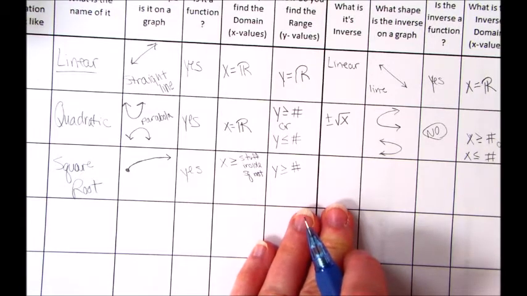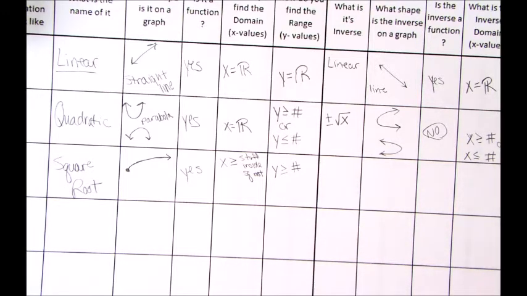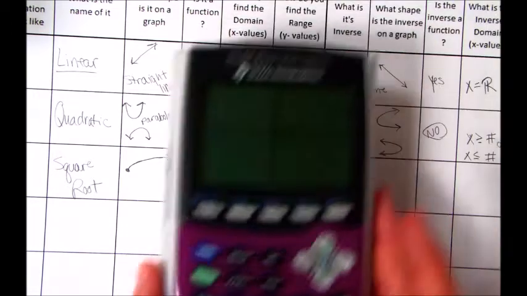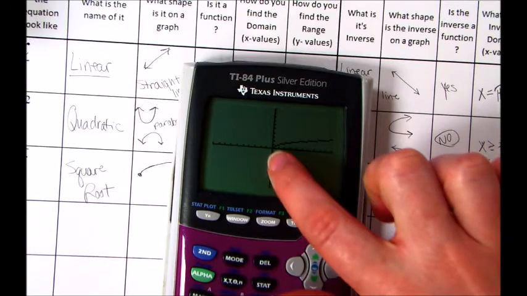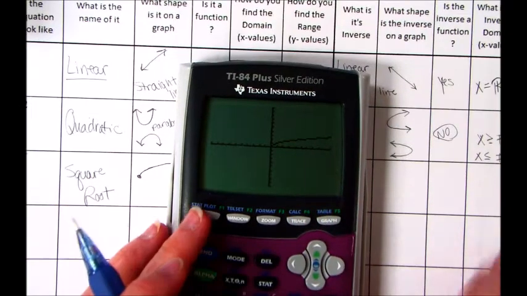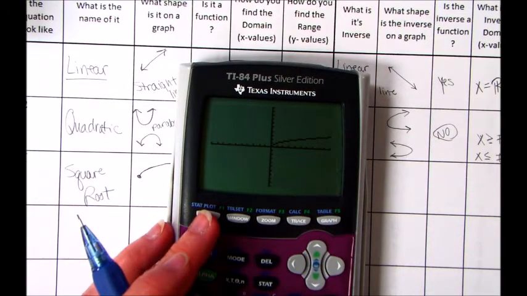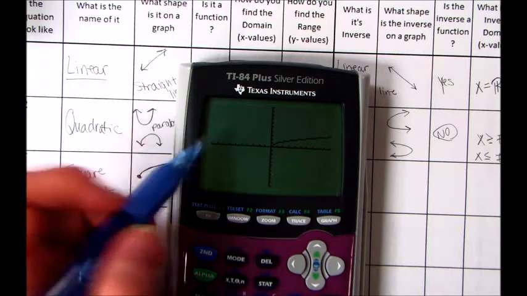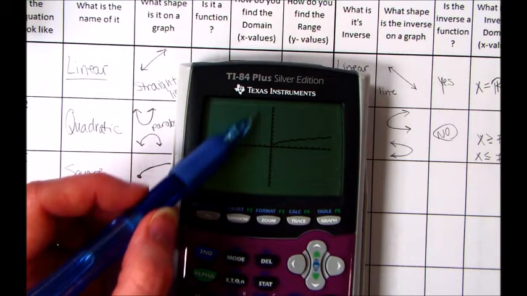Now its inverse is, and so if I were to type in my calculator just the square root of x, so you can see what it looks like on a graph. There's the starting point, goes up forever. The inverse is, this is weird, it's just half of a parabola. So it was like if you could fold it up, it's just going to be right here.